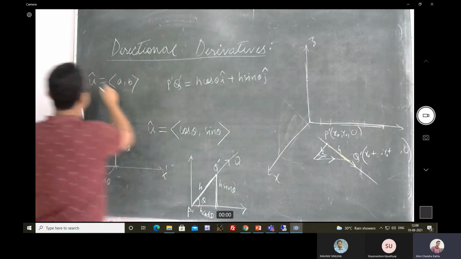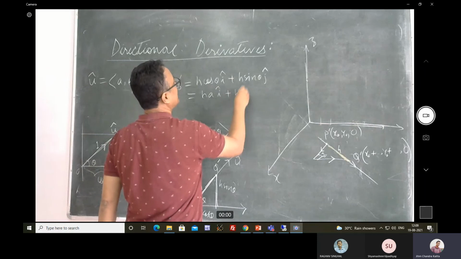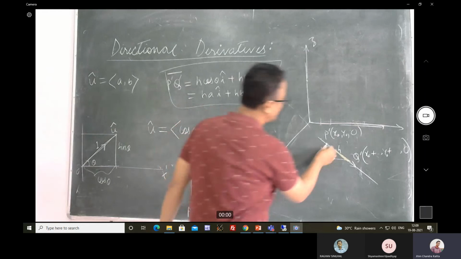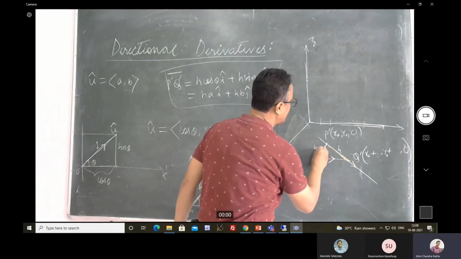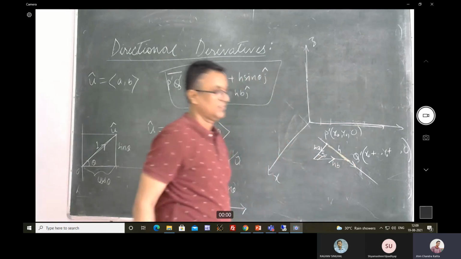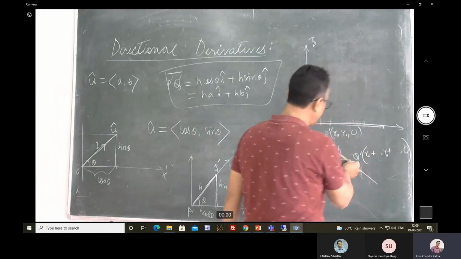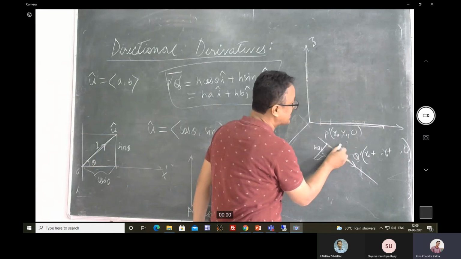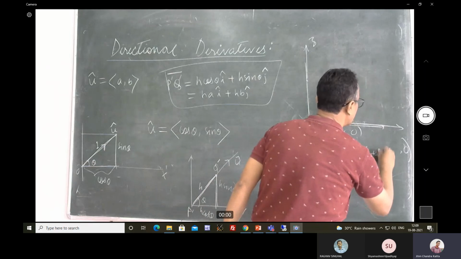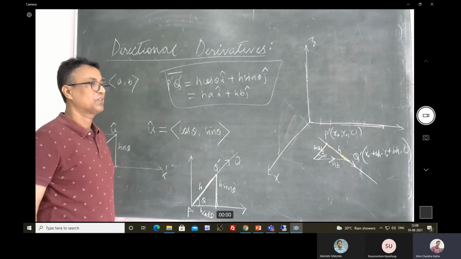And since I have considered u cap to be (a, b), this is simply ha i plus hb j. So this length is ha, and this length is hb. So the coordinates of this neighboring point, if I consider it at a distance h from p prime along this direction, are going to be ha and hb. Is it clear?